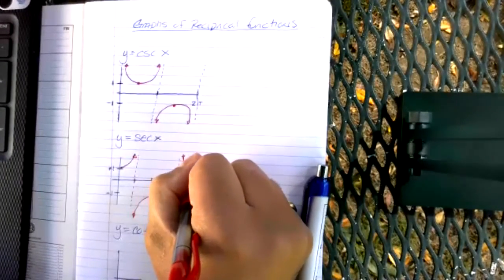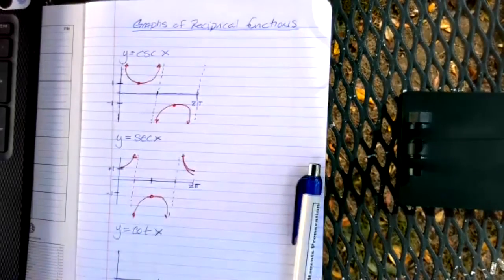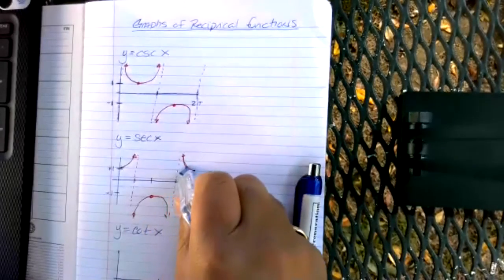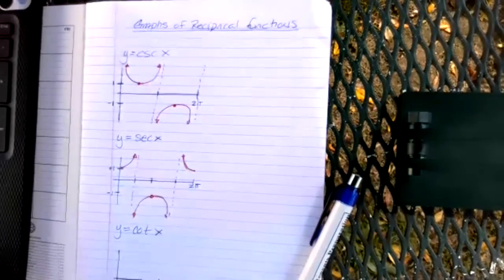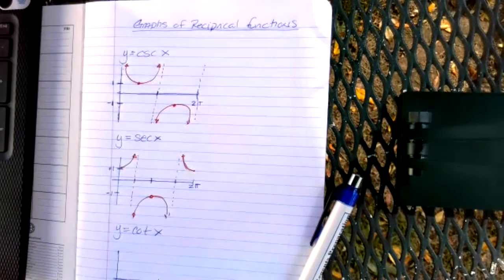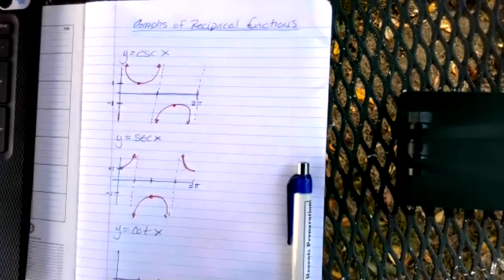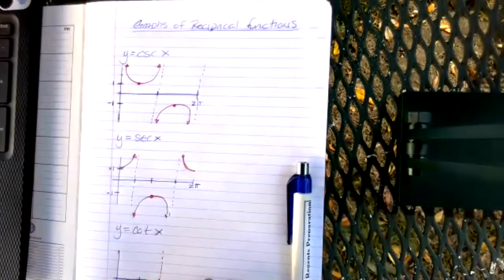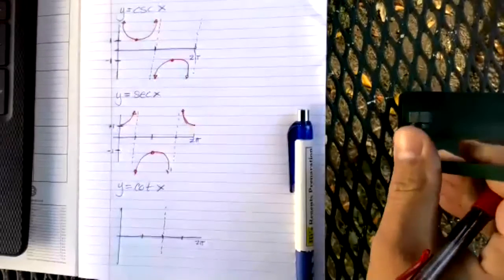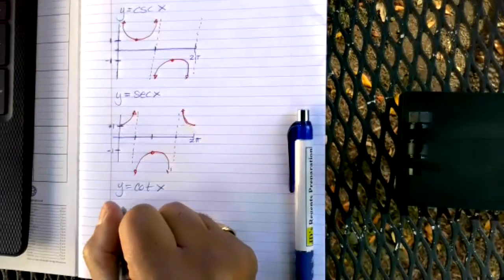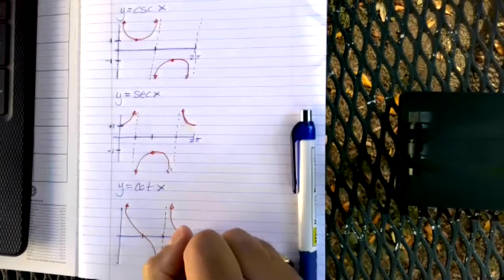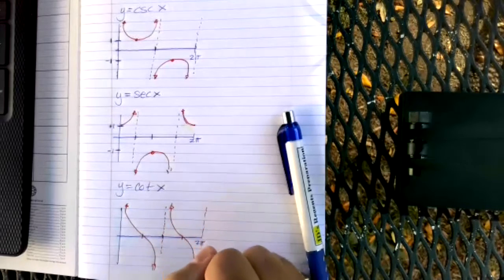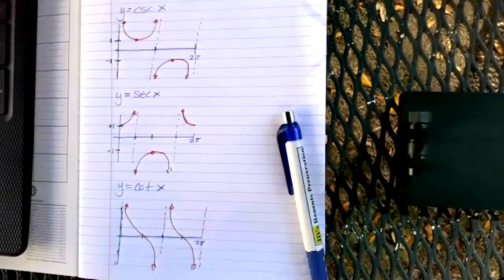Oops, that should be the 1. So these dotted vertical lines are asymptotes.